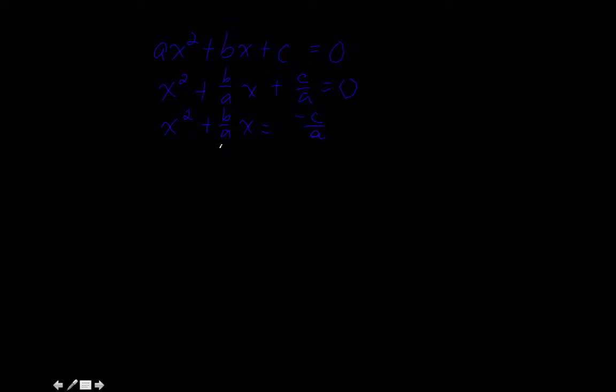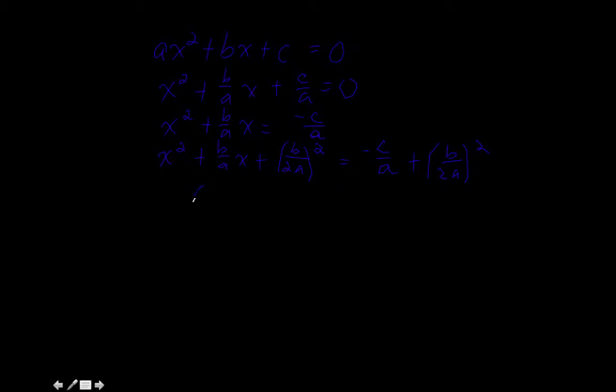Then, remember, we would take half of whatever this is, and normally this is a number like 12, and you say, oh, so 6, and then you square it. But this time we don't have a number. So we take half of b over a, which is b over 2a, b over a times 1 over 2, squared. So the thing, plus, because again, I can't go around adding junk, even if it is just letters.